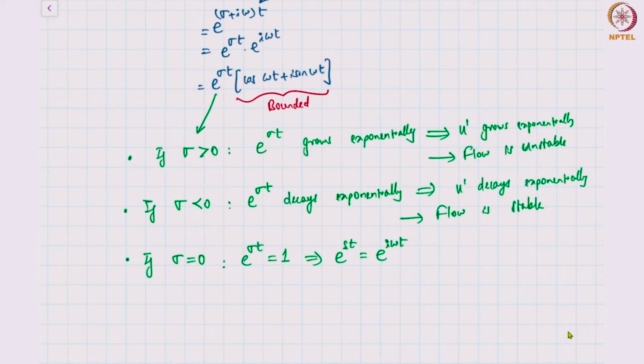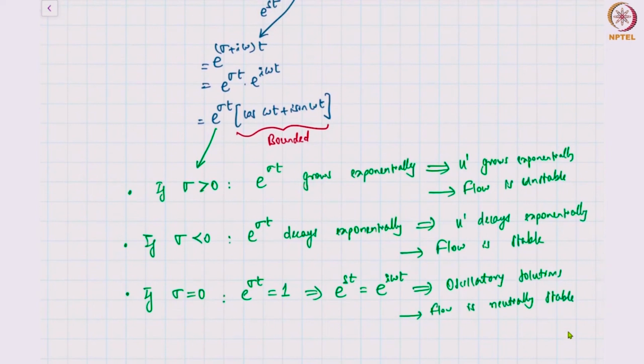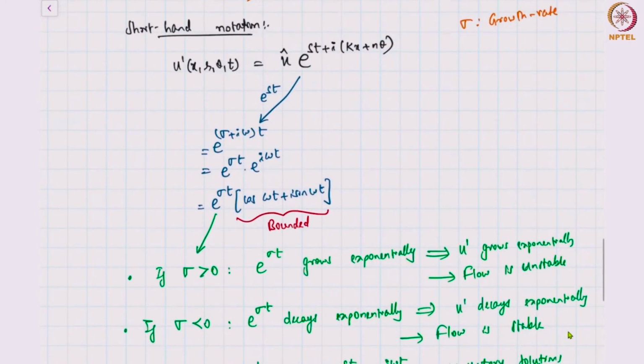You have oscillatory solutions. Flow is said to be neutrally stable.